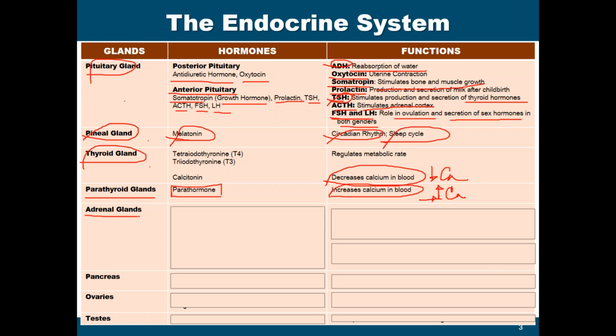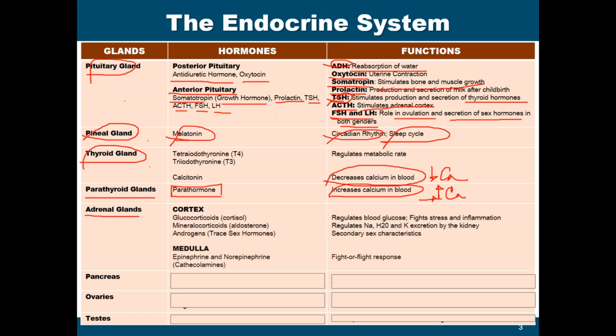The adrenal glands, which are found on top of the kidney, have two main structures. You have the cortex and you have the medulla. So let's first discuss the cortex. The cortex has three main hormones that are being produced: your glucocorticoids, your mineralocorticoids, and your androgens.